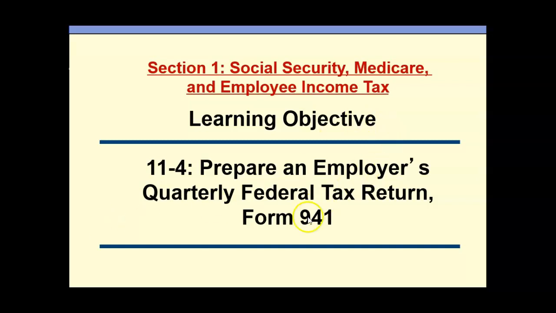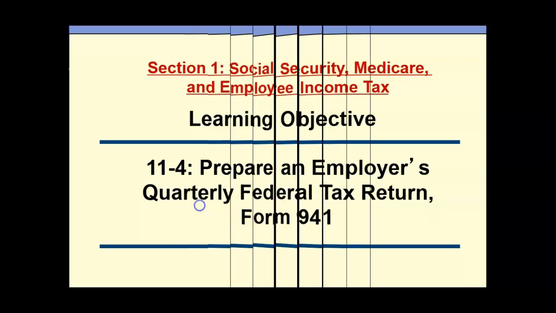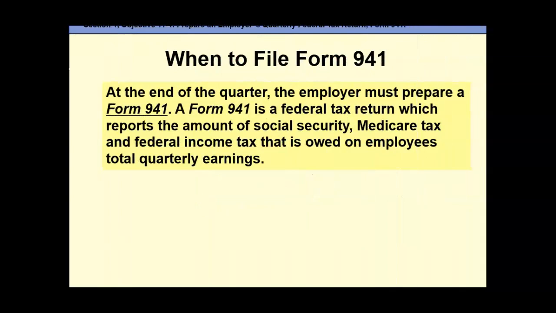This form, the 941, is a tax return that becomes due at the end of each quarter. So the 941 shows the taxes owed to the federal government, which consists of the Social Security taxes, Medicare taxes, and the federal income tax withheld from the employee's earnings.